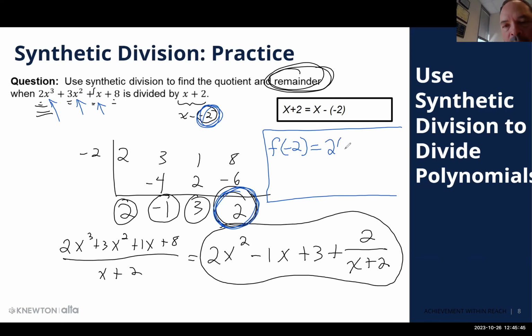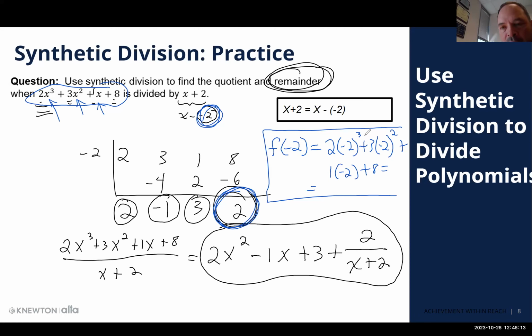So I get 2 times negative 2 to the third power plus 3 times negative 2 squared plus, I'm just going down the line on this one. And just for space, I'm going to do it over here. So it's 1 times negative 2 plus 8.